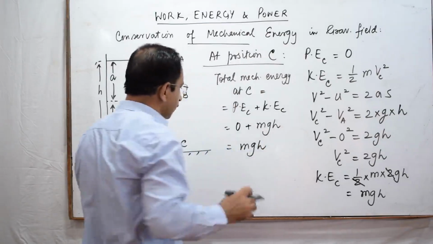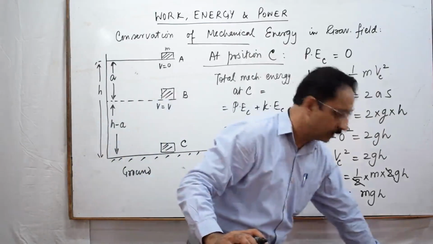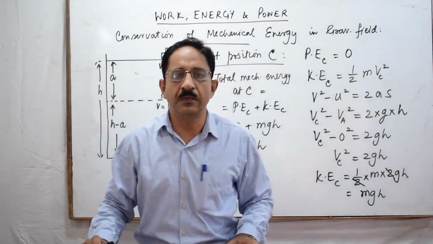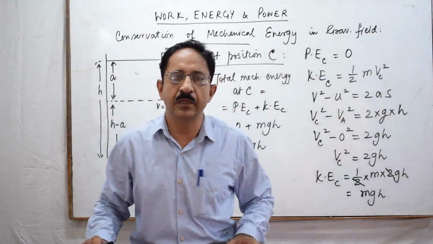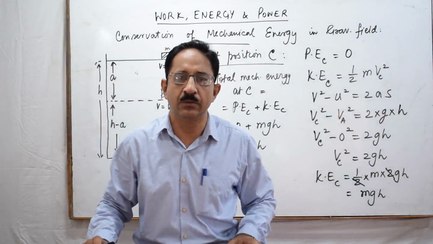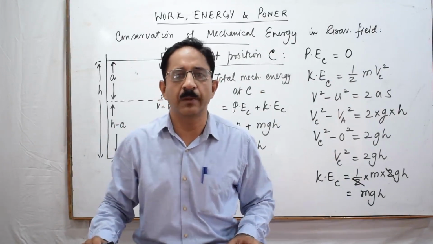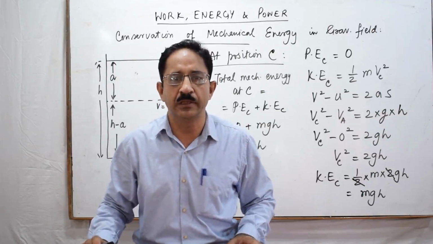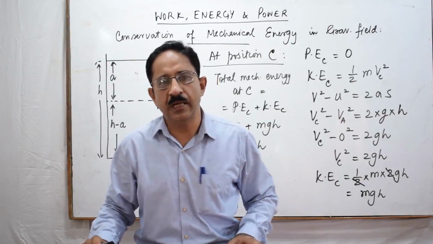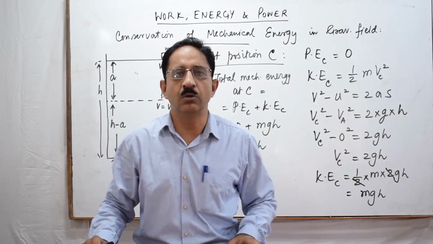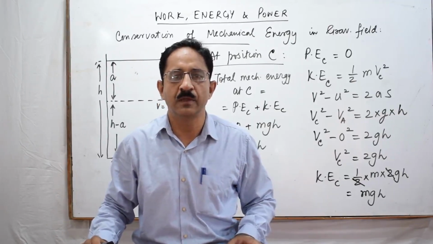So what you have observed is that even though the kinetic energy and potential energy at point C are different than the kinetic energy and potential energy values at point A and point B, the sum total of kinetic energy and potential energy remains the same. And that sum total, which is equal to mgh, gives us the total mechanical energy of this system.